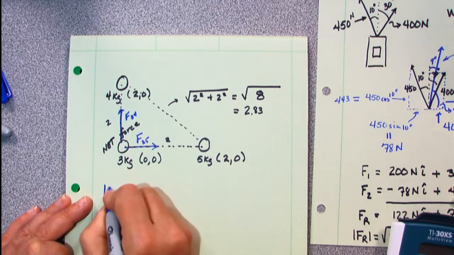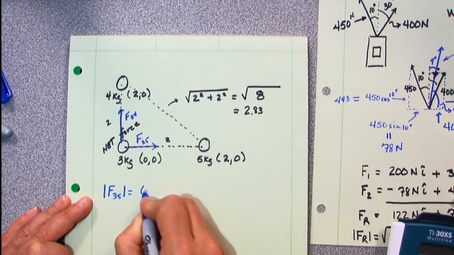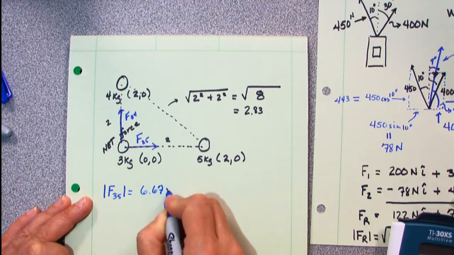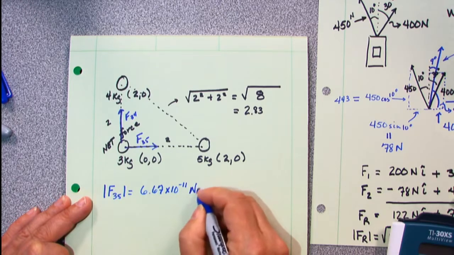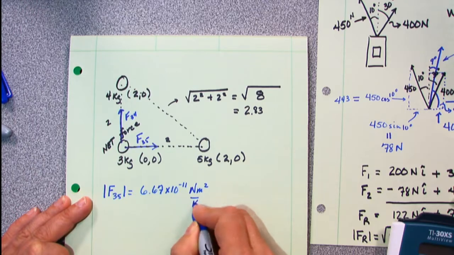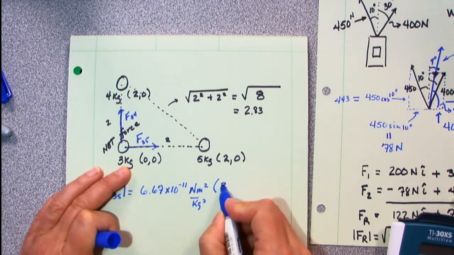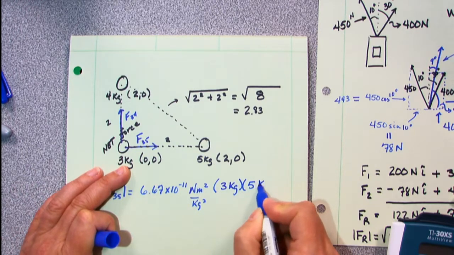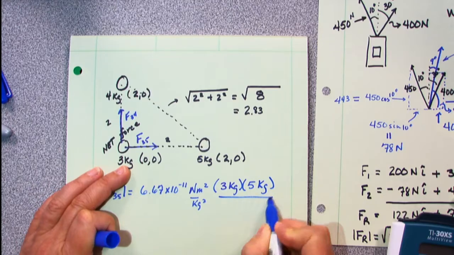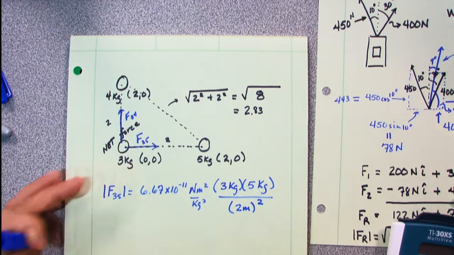So I'm going to calculate the magnitude of force 3, 5. It's going to be 6.67 times 10 to the minus 11 newton meters squared per kilograms squared. And I've got the 3 kilograms, the 5 kilograms, and the distance between them, which was 2 meters squared.